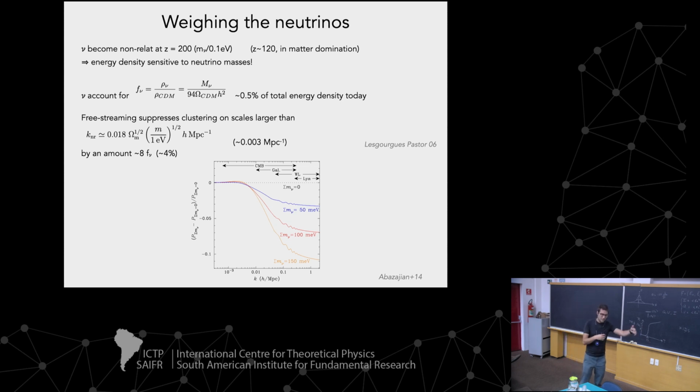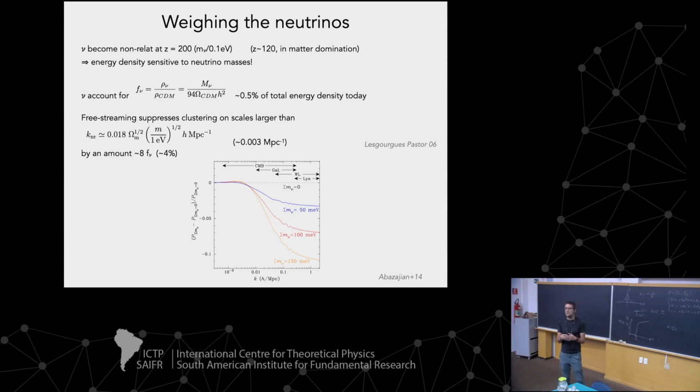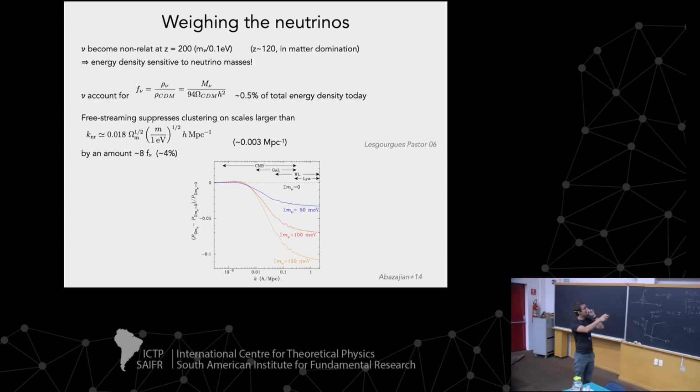So from the history of the universe, the Big Bang all the way to redshift about 100, your neutrinos are basically relativistic, which means their masses don't matter. And if their masses don't matter, it has no big observable effect that we can observe. But at redshift lower than about 100, their masses start to matter, and this is when we can hope to detect them.